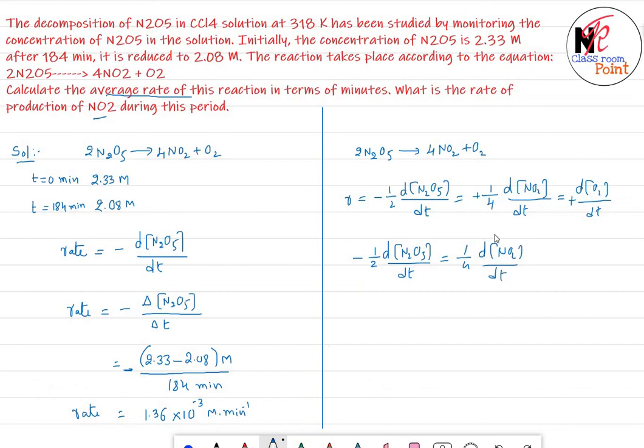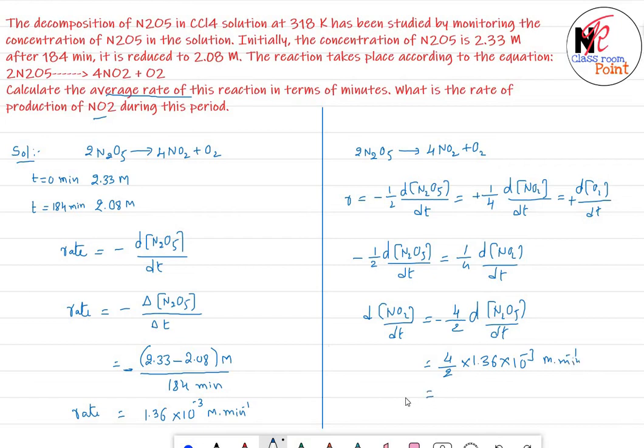They are asking about the rate of production of NO2, so d concentration of NO2 divided by dt equals, you send the 4 to that side, so it becomes 4 by 2 d concentration of N2O5 divided by dt. Now 4 by 2 into this value, which is approximately 1.36 into 10 power minus 3 molarity per minute.